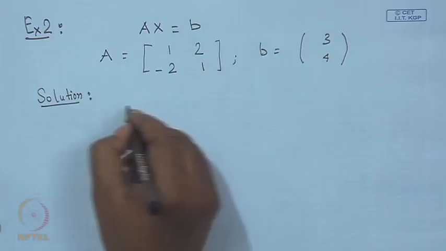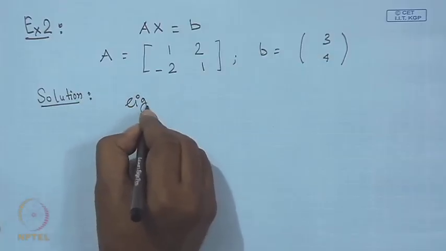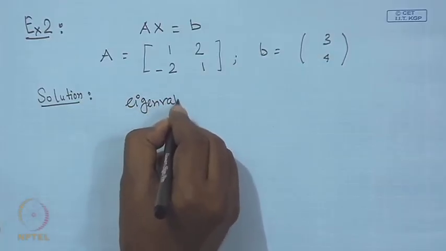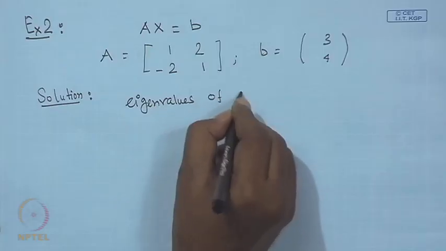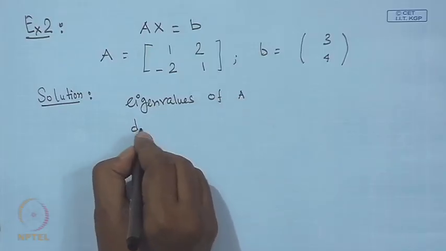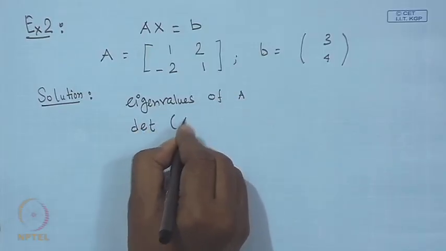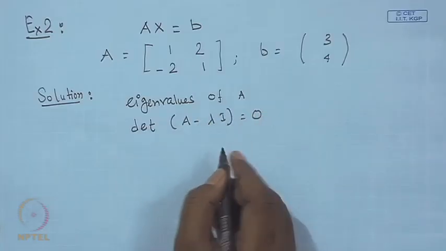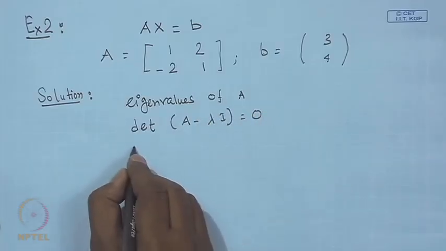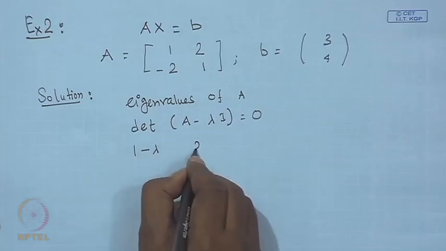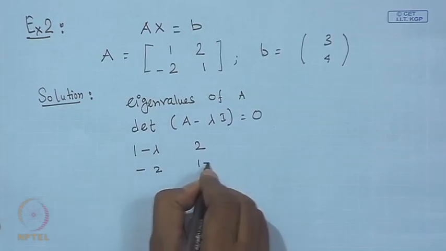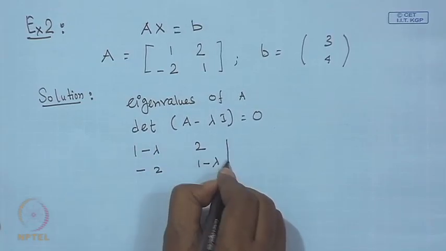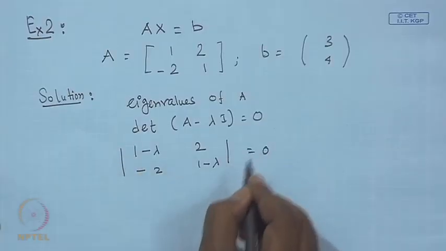Step number 1 is the eigenvalues of A. That is nothing but determinant of A minus lambda I is equal to 0. So, we compute that: 1 minus lambda, 2, minus 2, 1 minus lambda, that will be equal to 0.